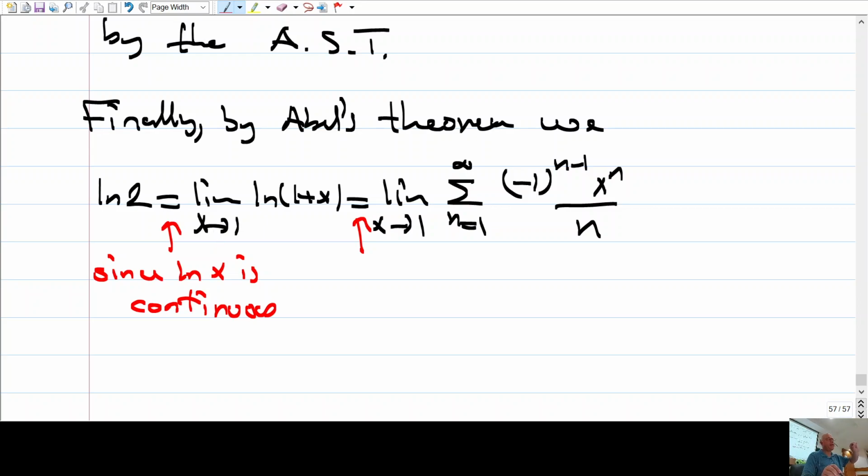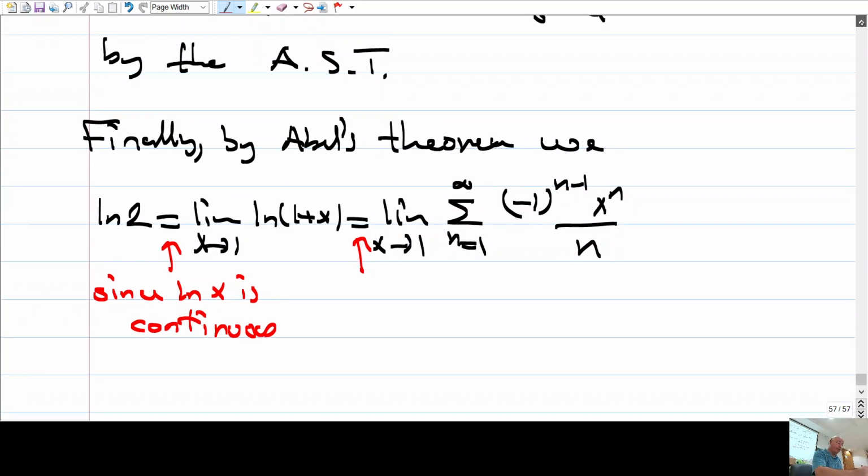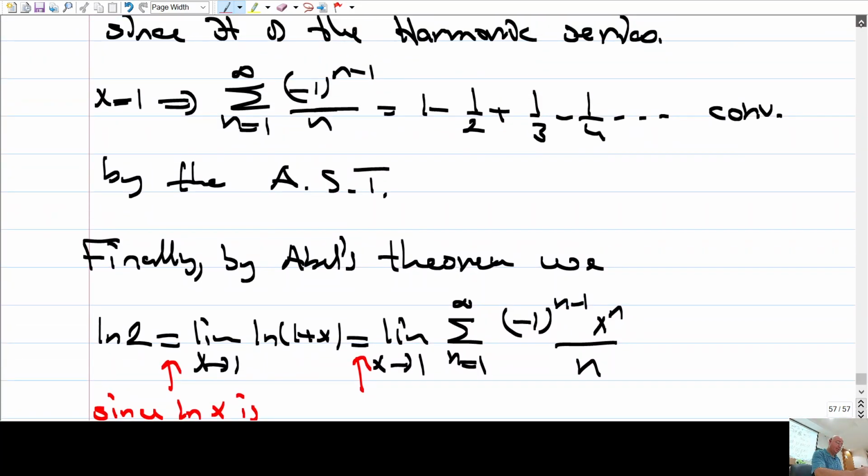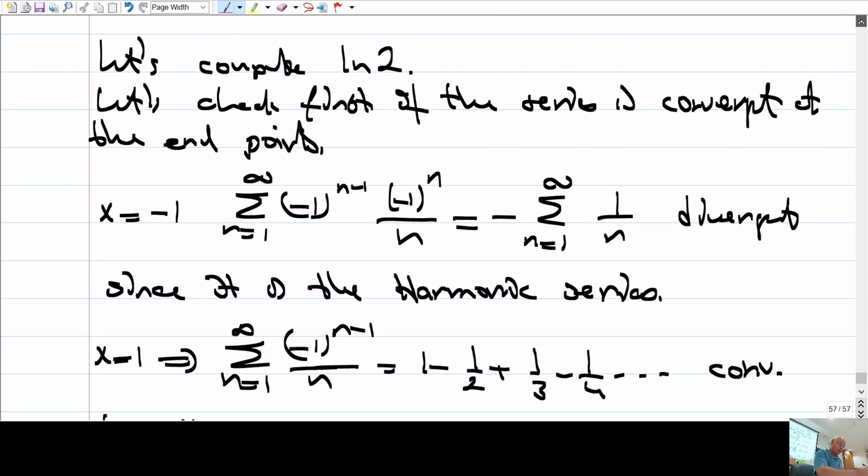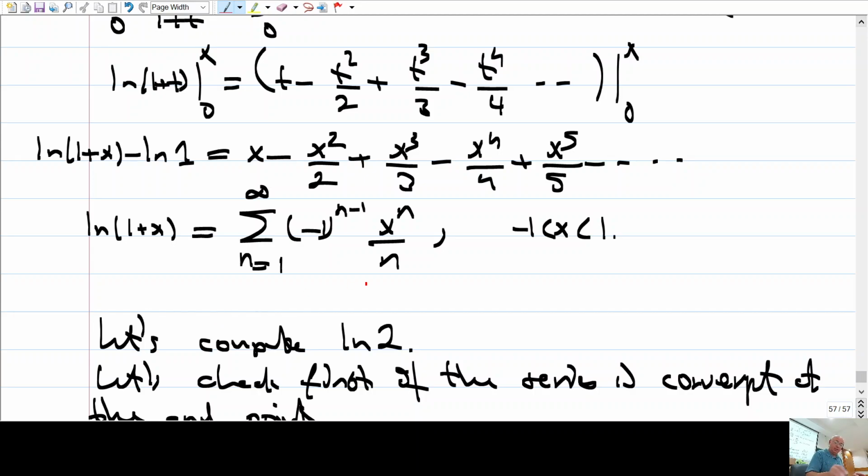Limit as x goes to 1 means x is getting closer and closer to 1, but it is never equal to 1. So as x goes to 1, x is not equal to 1, but it is very close to 1. But we know that if x is not equal to 1, these are equal, right?